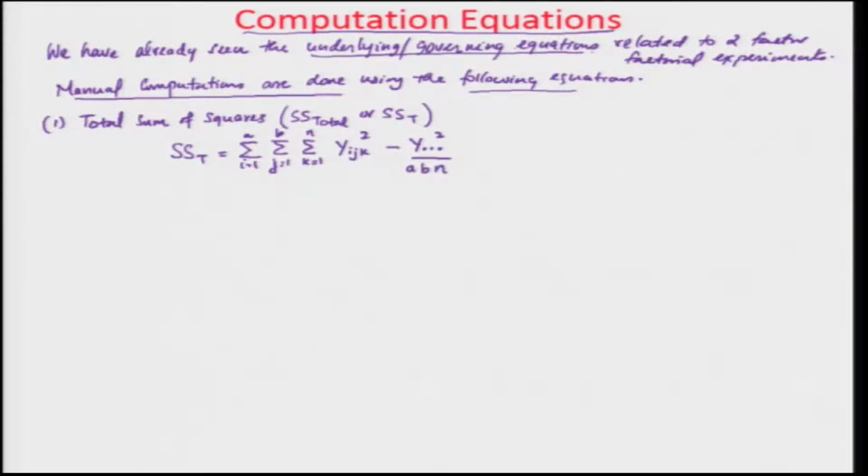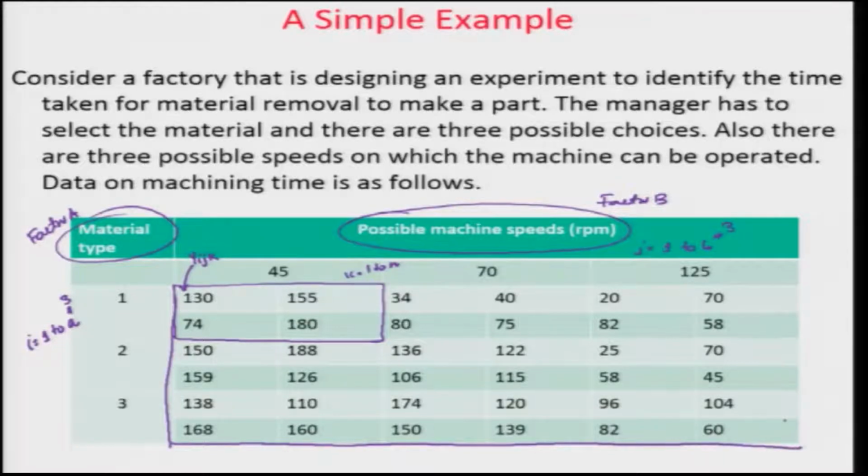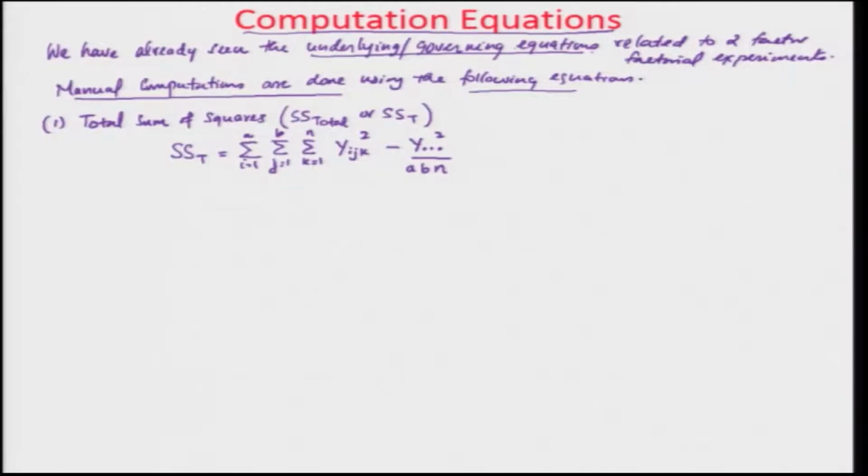The y dot dot dot is the total sum, if you take all of these 36 values. You sum all of these values, that is your y dot dot dot. Another factor is abn. Sometimes people also denote this with capital N, which is a times b times n. This is the total number of observations.